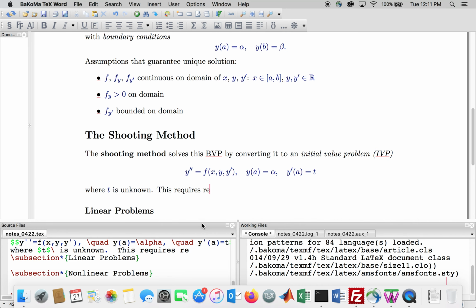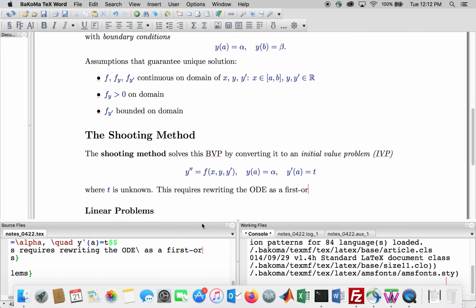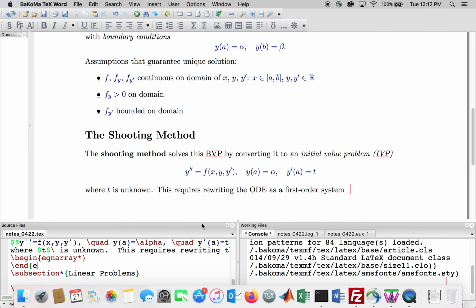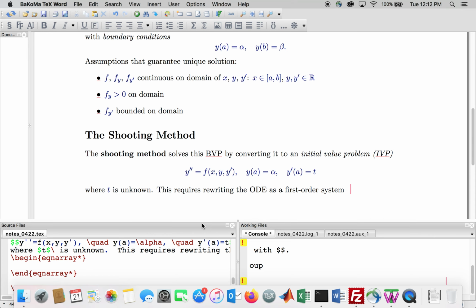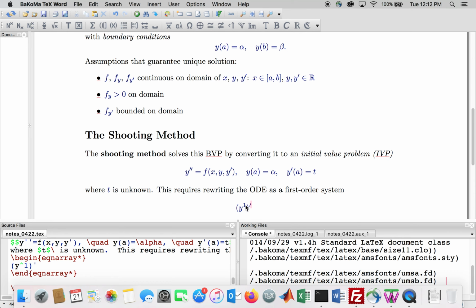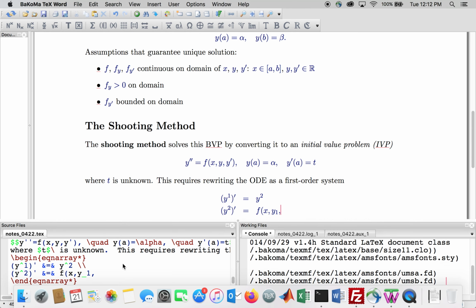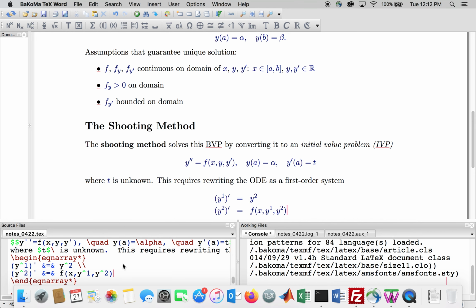So this requires rewriting the ODE as a first-order system where we have two variables. y1 prime, and this is a superscript, not an exponent, I'm not raising something to a first or a second power, is equal to y2, and then y2 prime is equal to f of x, the independent variable, and then y1, y2.